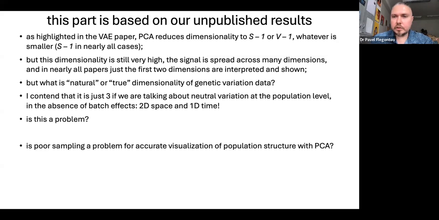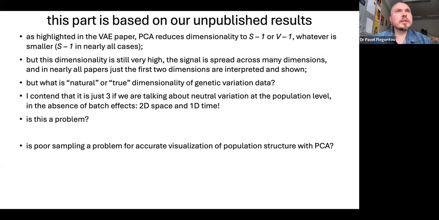If we are talking about neutral variation at the population level, and in the absence of batch effects, so in the absence of various sequencing technologies and missing data, because individuals exist and mate in 2-dimensional space and 1-dimensional time.